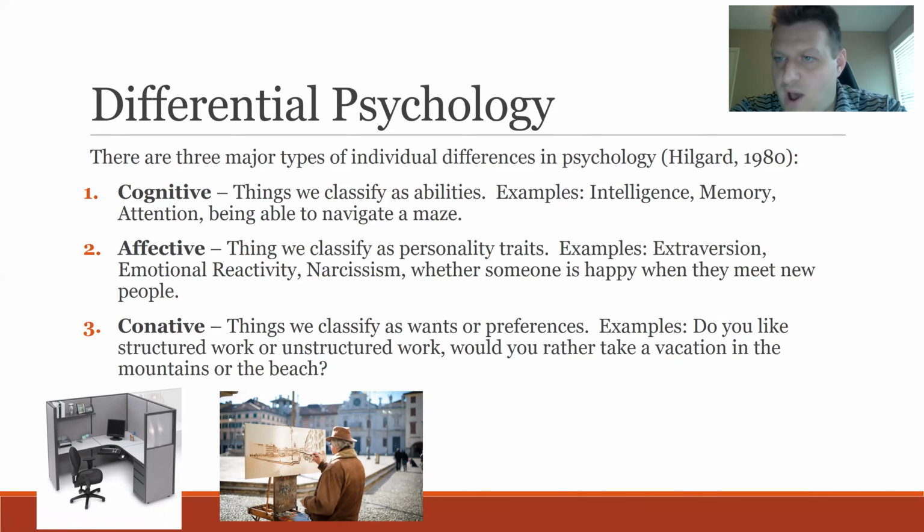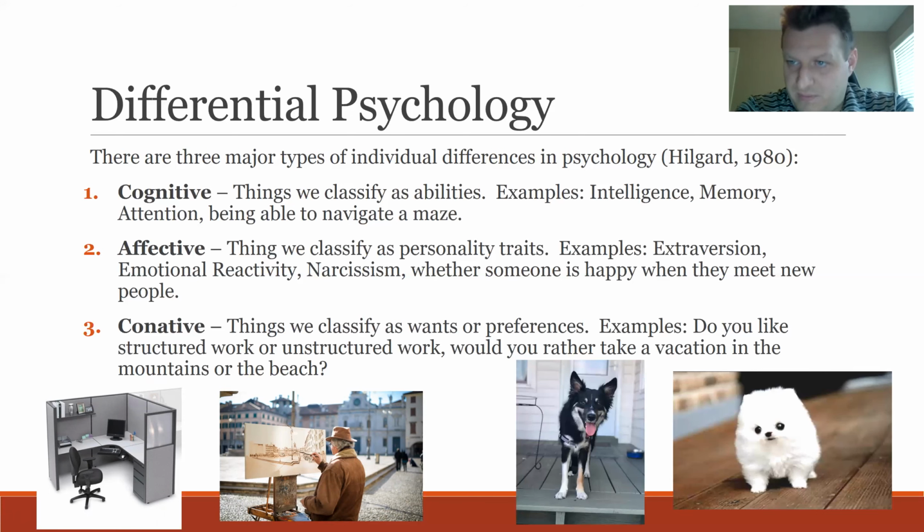That's her favorite kind of dog. Dr. Harrison, on the other hand, well, we're both Dr. Harrison, but this one, me, Tyler, he prefers small white fluffy dogs. I had a small white fluffy dog growing up. I think they're cute. It's the kind of dog that I want. So this is another example of a conative individual difference.